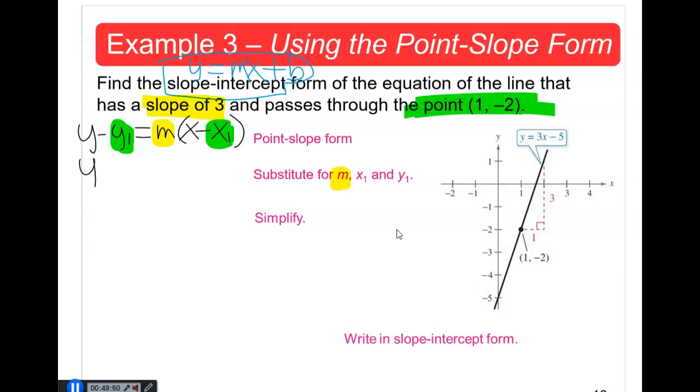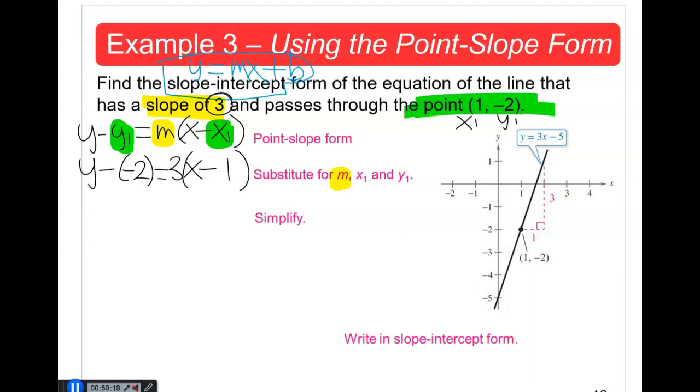So we have y minus y sub 1 comes from here, negative 2, and you notice that it's negative. The other negative is part of the formula. Then m is equal to 3 right here, parentheses x minus, that comes from the formula, and x sub 1 happens to be positive 1.